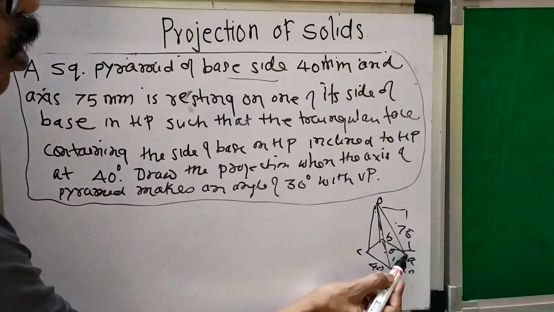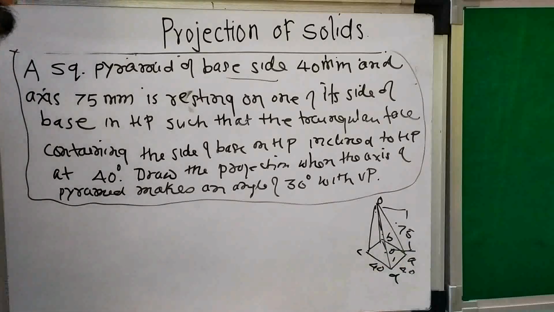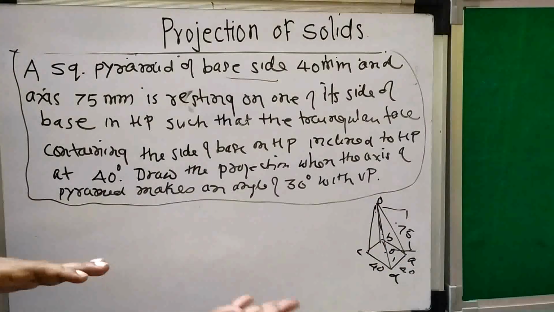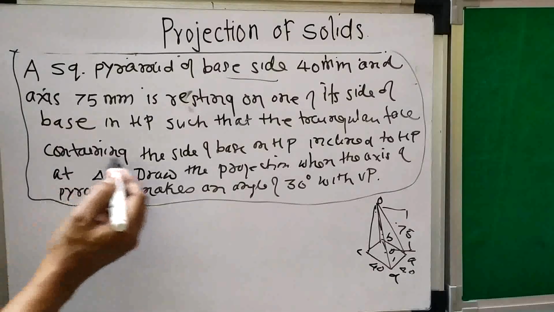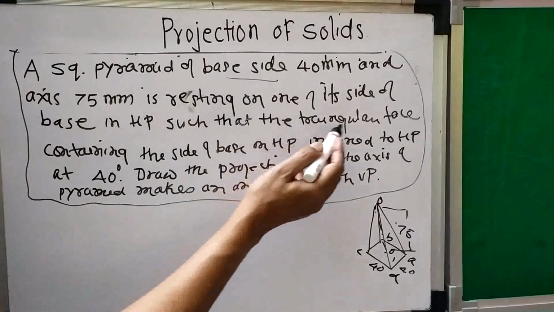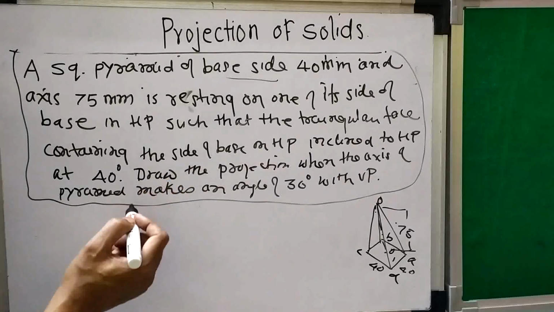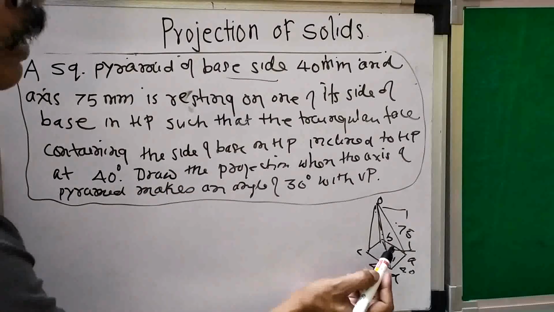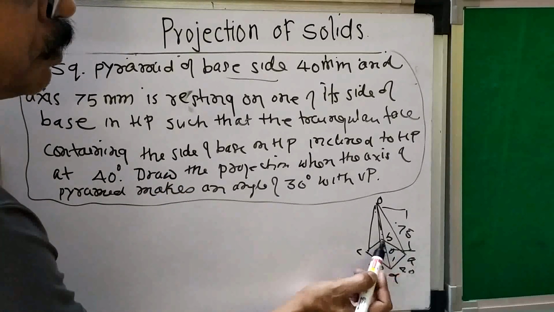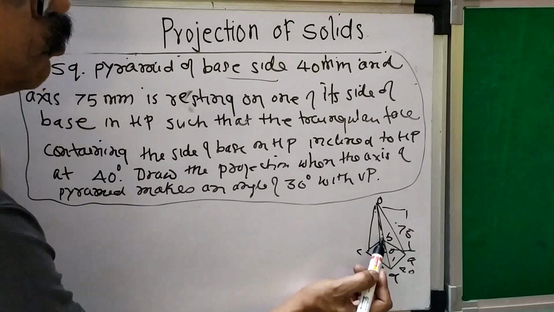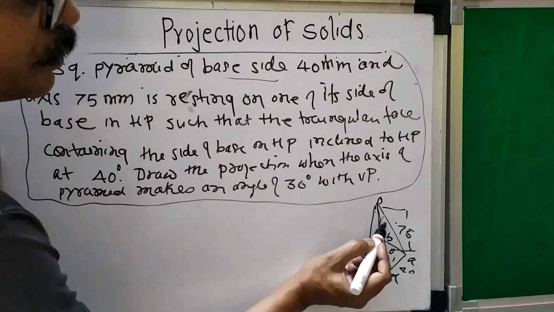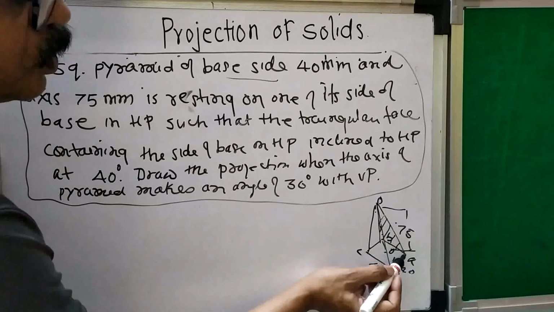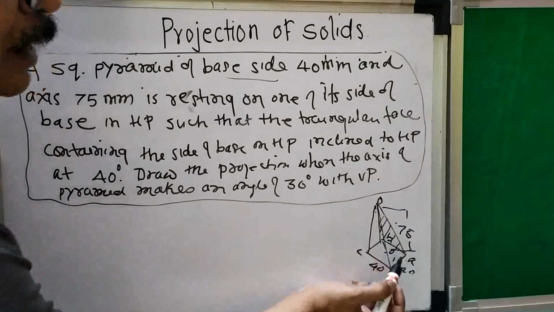So I am considering AB as the side of the base in the HP, and the triangular face containing the side of the base on HP is the triangle OAB.